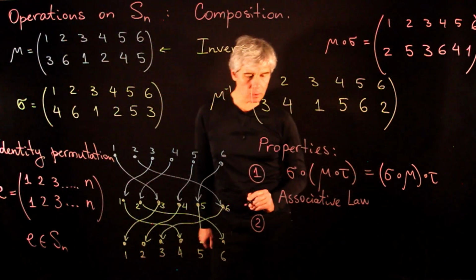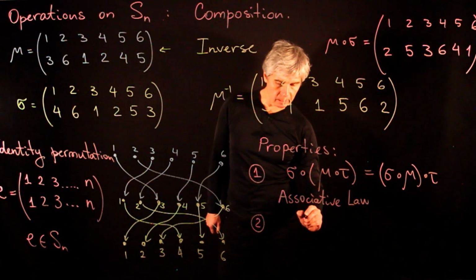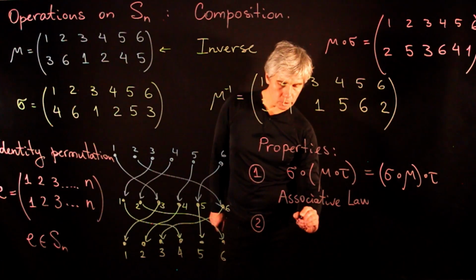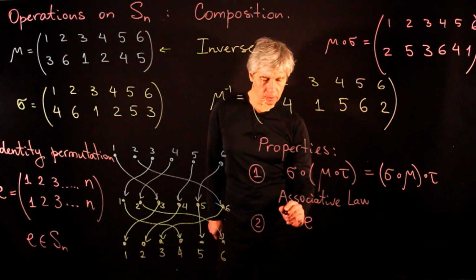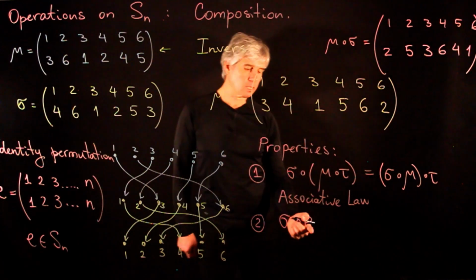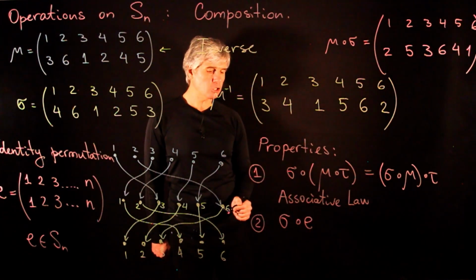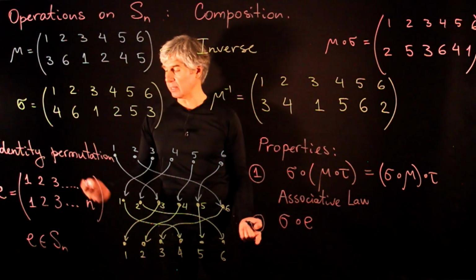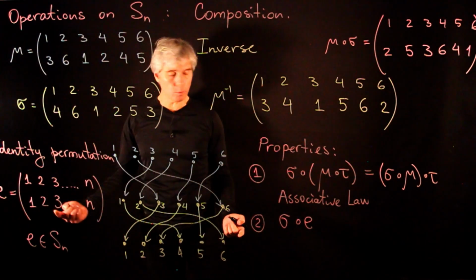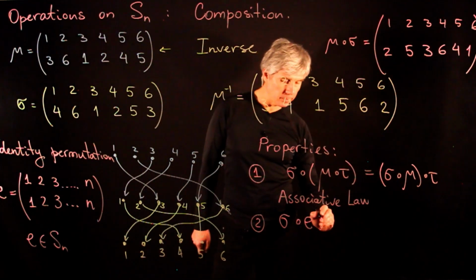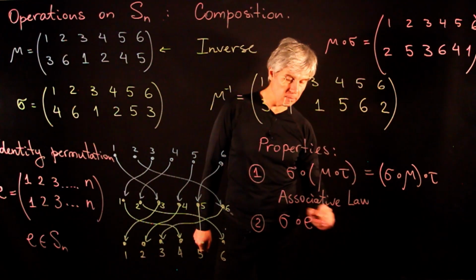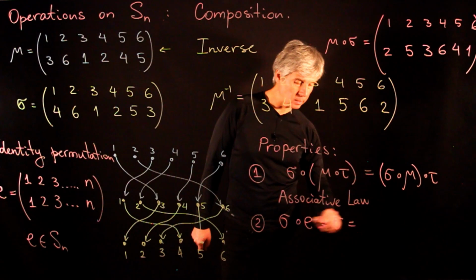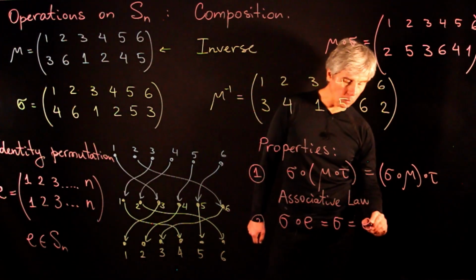And the property of the identity permutation is that if we first apply identity permutation and then take a composition with any permutation sigma, because the action of identity has no effect, the result will be equal to permutation sigma. And the same will also be true in the opposite order.